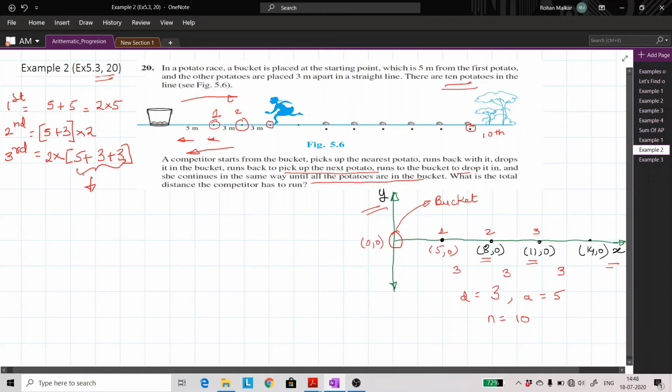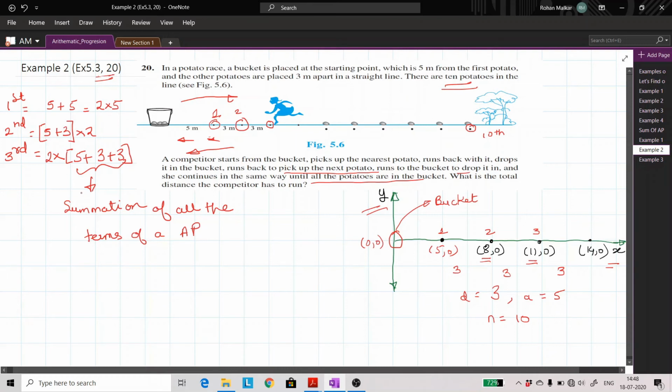So this bracket is actually trying to tell you that you need to find out the summation of all the terms of an AP. And we can do that very easily.